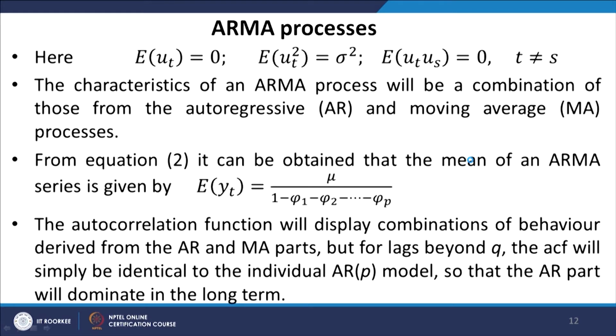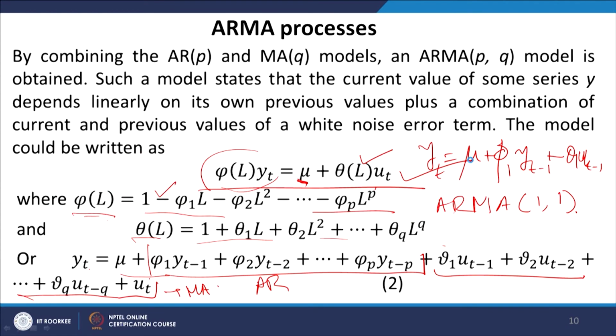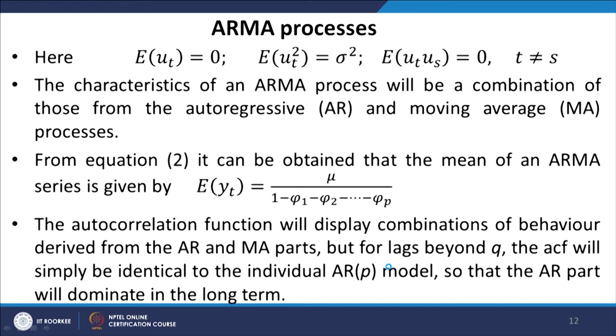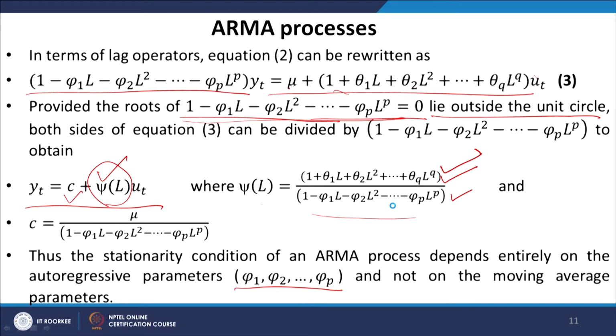The characteristic of an ARMA process will be a combination of those from the autoregressive and moving average processes. From equation 2, so this was our equation 2, it can be obtained that the mean of an ARMA series is given by the expected value of yt equals this.